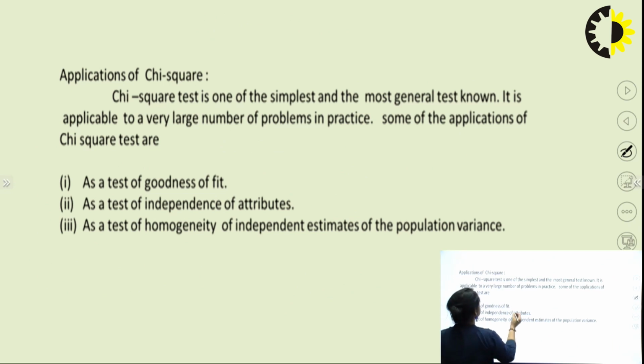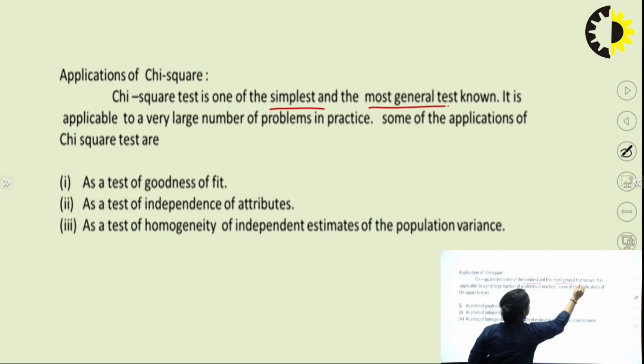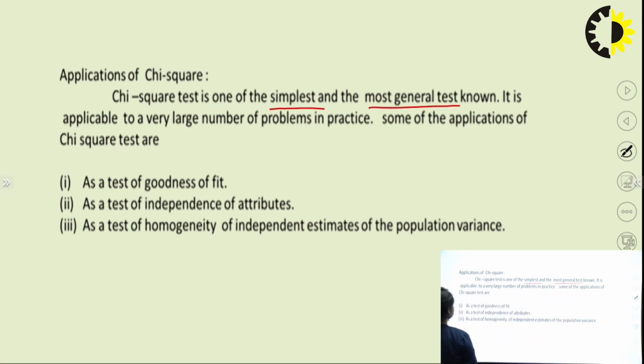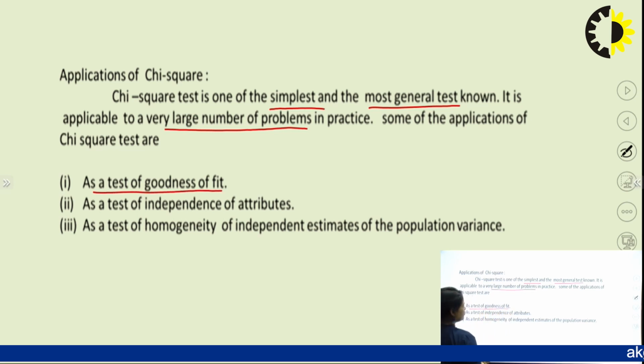Now these are some of the applications of chi-square. Chi-square test is one of the simplest and the most general tests known. It is applicable to a very large number of problems in practice, so that's why it is of so much importance. Chi-square is used as a goodness of fit test, that means whether the given distribution we are fitting to the data is good enough or not.